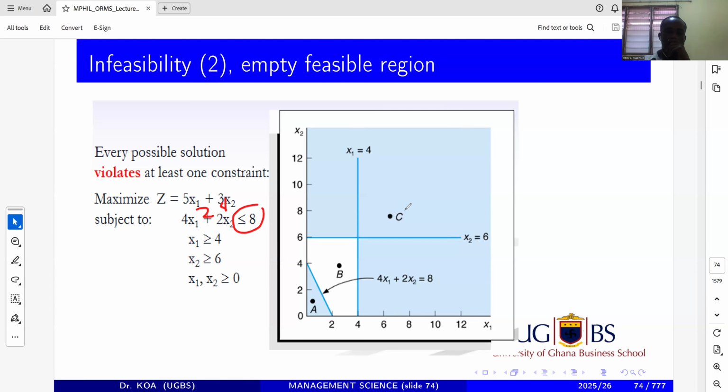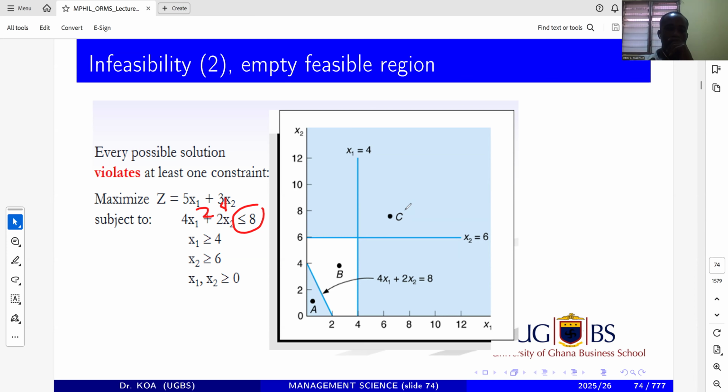Doc, can I ask a question, please? Of course, ask. With this example that you just gave, what if the 4x plus 2x less than or equal to 8 line, the values are such that it goes beyond the intercept of x4 and then x6? It goes, and it's coming down. Say that again.